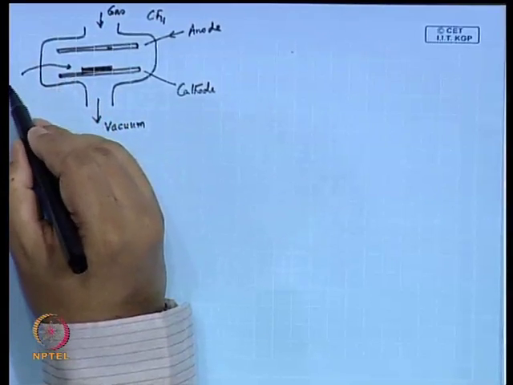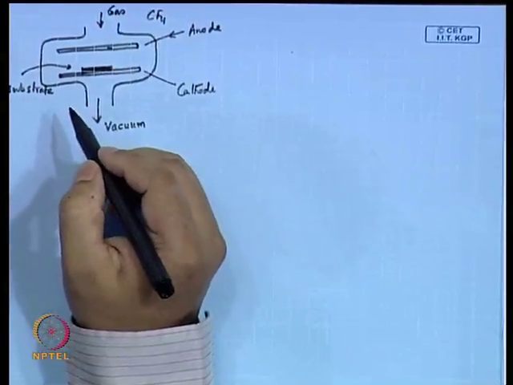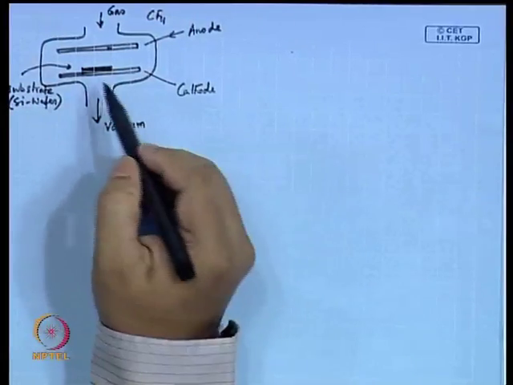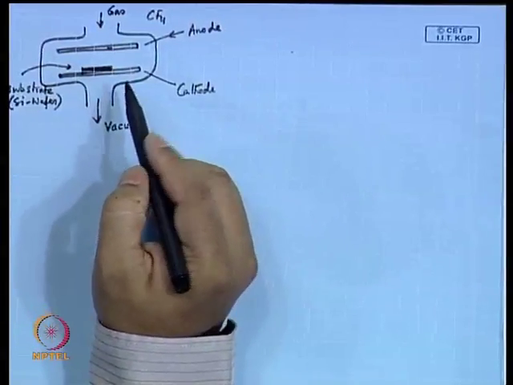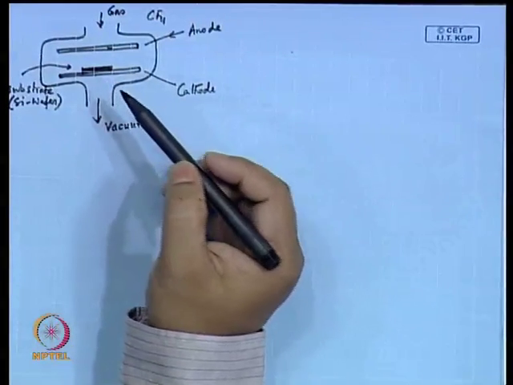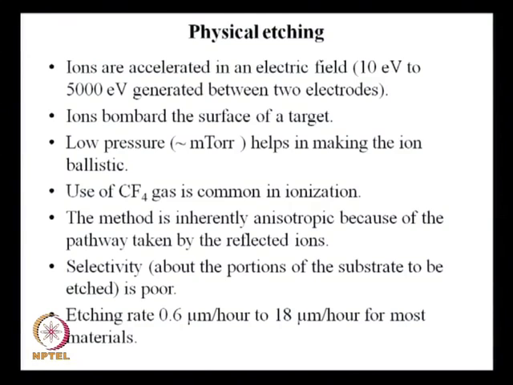This is that silicon wafer. This silicon wafer is placed on the cathode, and you have this anode, and these ions are accelerated in an electric field. Let me look at the slide here. Ions are accelerated in an electric field, 10 electron volt to 5000 electron volt, generated between 2 electrodes. So, ions bombard the surface of a target.